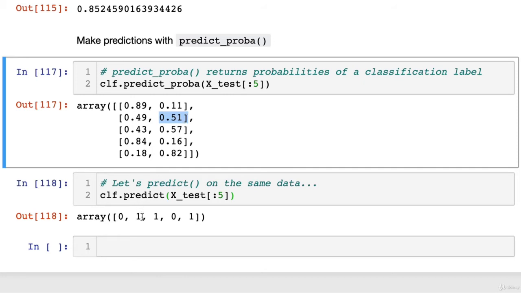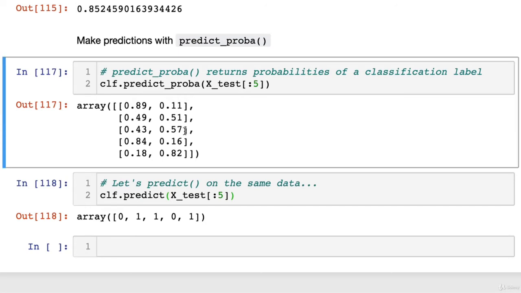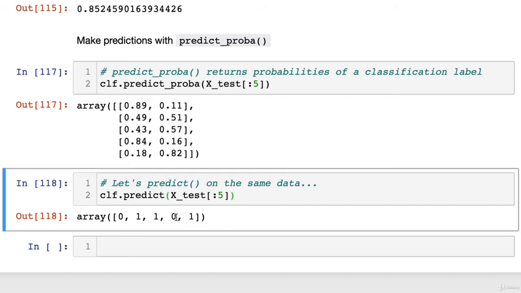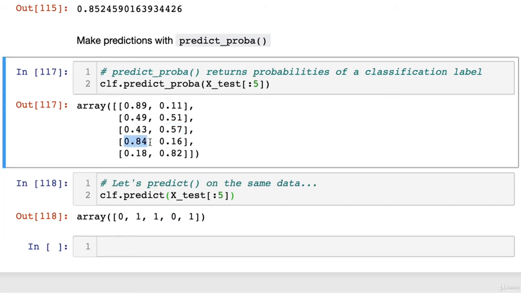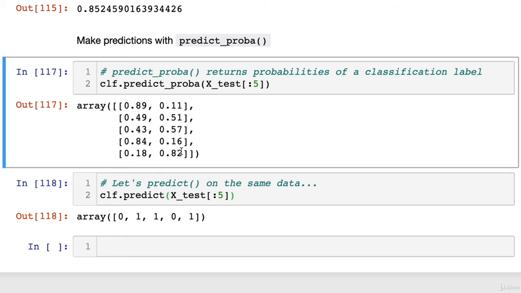And now this is a 1. Now if we go to index 2, aka label 1, the value on the right is bigger again. Then we've got 0, and this value is bigger. And then for the final one, it's value 1, and the value at index 1 is greater.